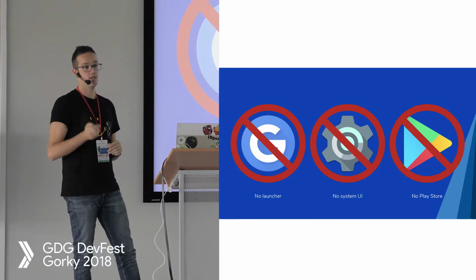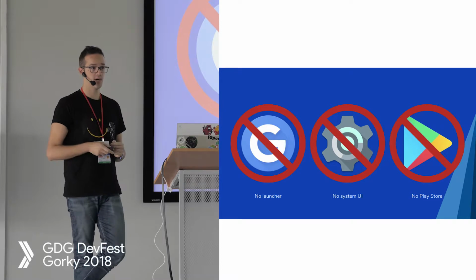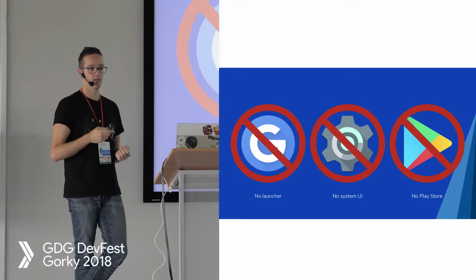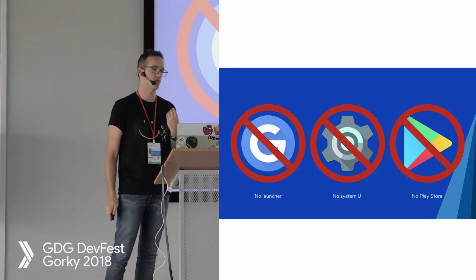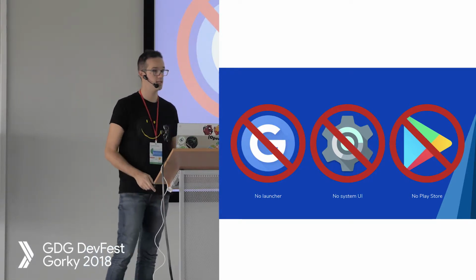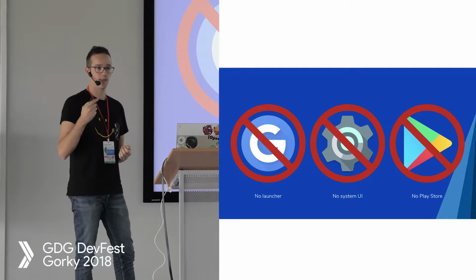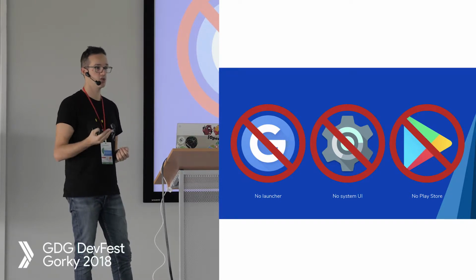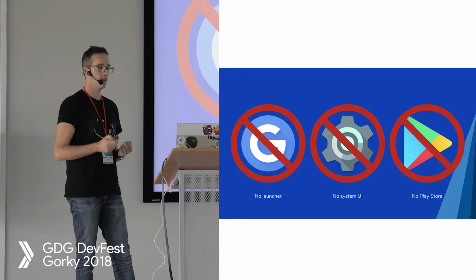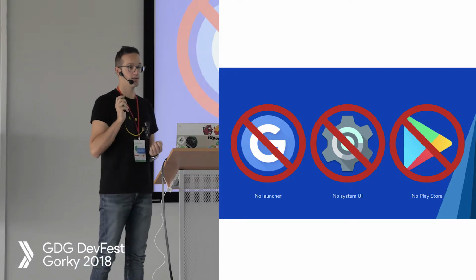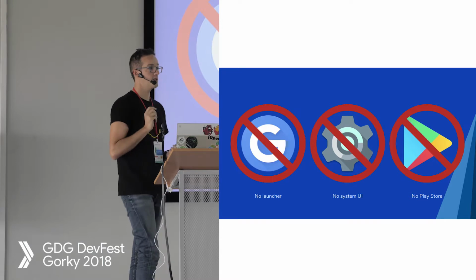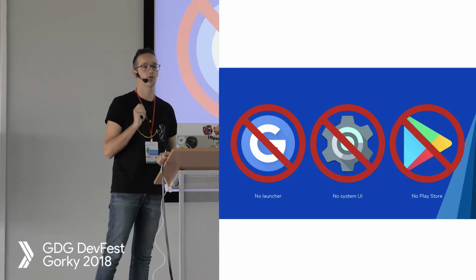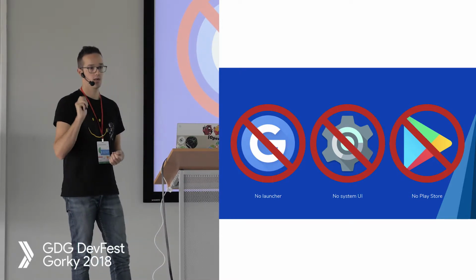There are not going to be system UIs and other system apps like the ones we are used to in a phone. For example, you're not going to have the system settings, the status bar, notifications, and all this kind of stuff. Also, there is not going to be the Play Store, meaning that the user cannot install another app on this device.